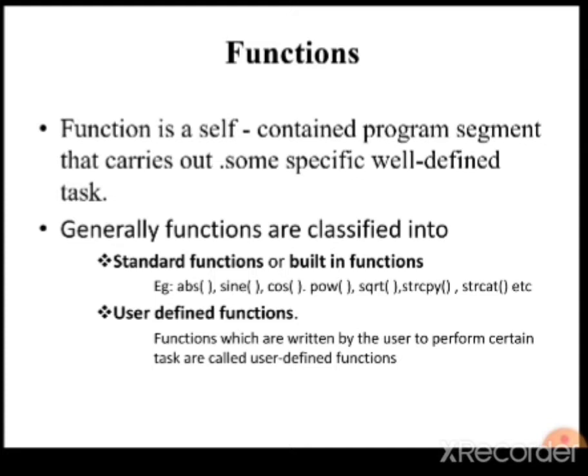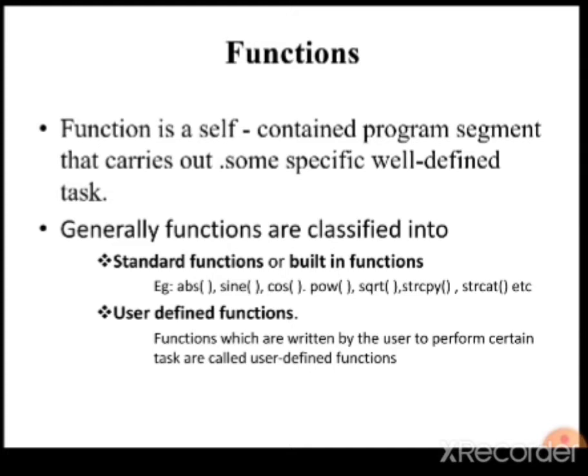Generally, functions are classified into standard functions or built-in functions, and user-defined functions. For standard functions, we are using a header file and accessing the functions. Whichever library functions are referred to as built-in functions or standard functions.